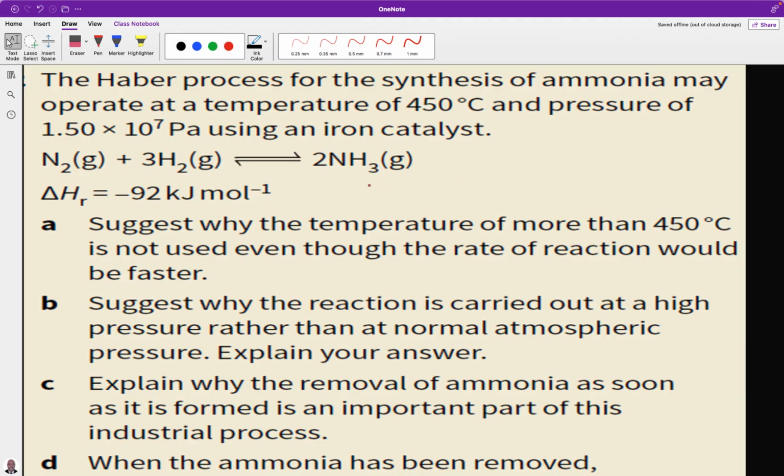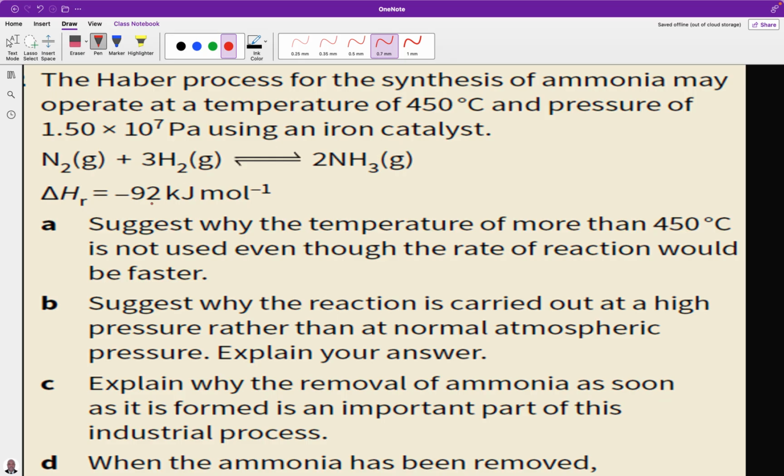Increasing the temperature will shift the equilibrium from right to left, favoring the production of more nitrogen and more hydrogen. Again, increasing the temperature will favor the endothermic reaction, thereby favoring the decomposition of the ammonia into nitrogen and hydrogen.